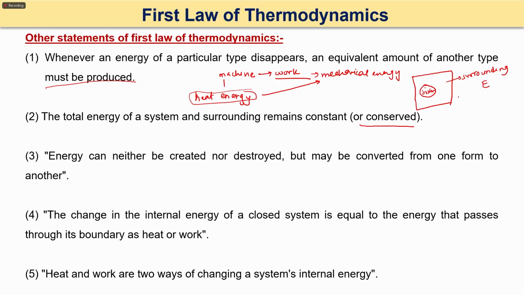So if something happens and the system energy decreases and it gets supplied to the surrounding, then the total energy, which was initially E, will for this case also be E. Again it will remain as E for the whole case.